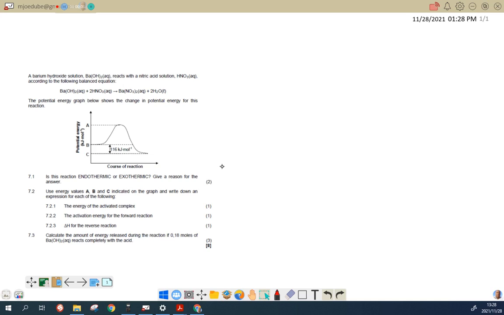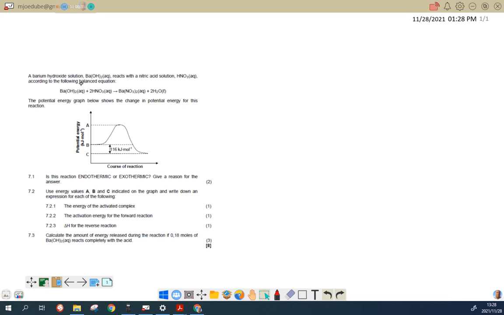In this video we're going to be looking at the calculations involving the determination of the energy that is involved in a chemical reaction. The question reads as follows: a barium hydroxide solution, Ba(OH)2 aqueous, reacts with nitric acid solution, HNO3, according to the following balanced equation.